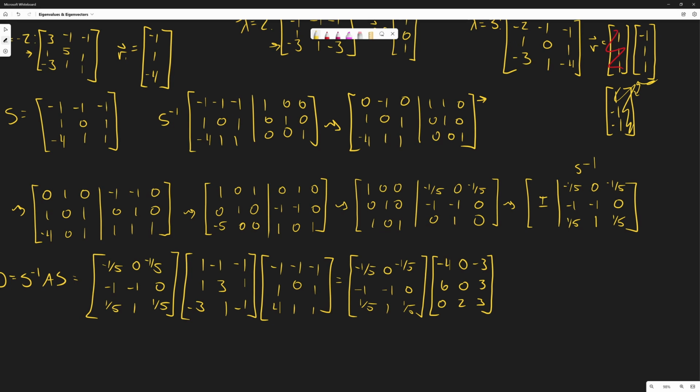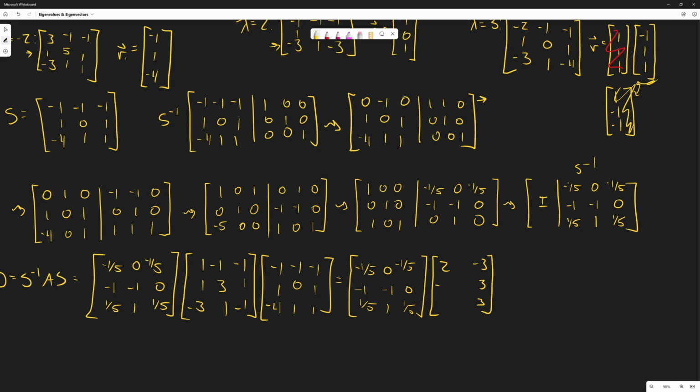Okay, so let me redo the multiplication. You have negative 1 times negative 1 is negative 1. Oh, I think I know. I left something out. I see what I did wrong. Redo this part. So this would be negative 1 minus 1 plus 4, which is equal to 2. And then we'll have negative 1, negative 1, 0, negative 1.